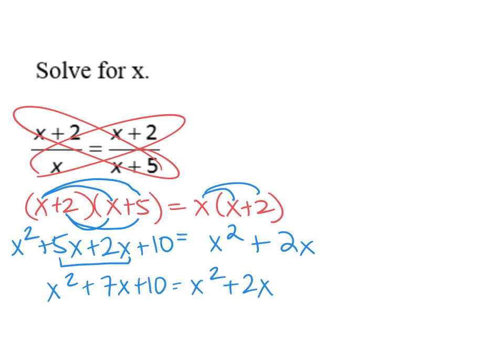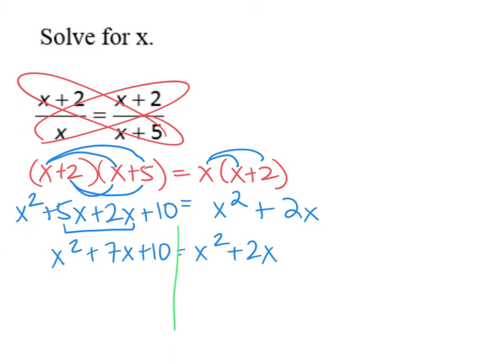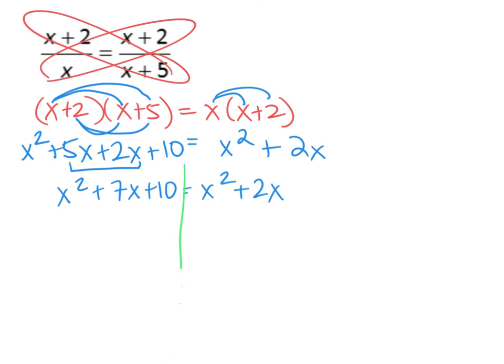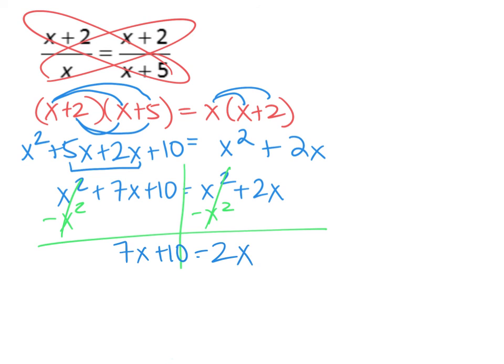Now, you might be looking at this saying, I don't know how to solve that, but let's just break it down here. Okay? First, I want to get the x squareds onto the same side. When I do that, this one cancels out too. So it looks more confusing, but it's really no different than what we've been doing. So I have 7x plus 10 equals 2x.